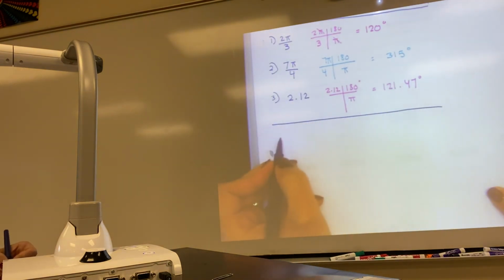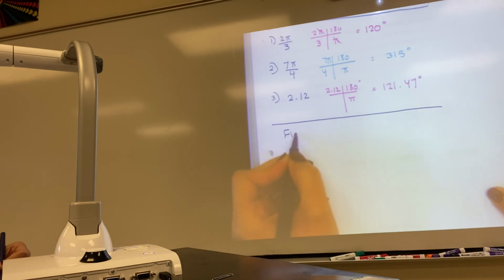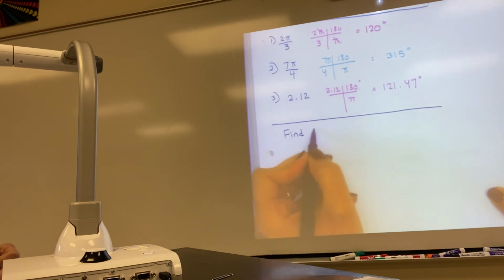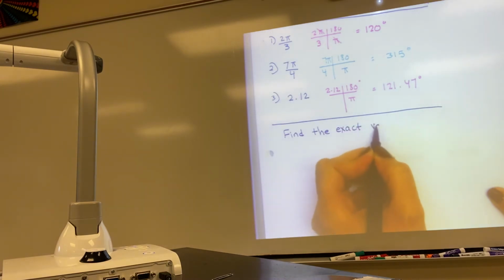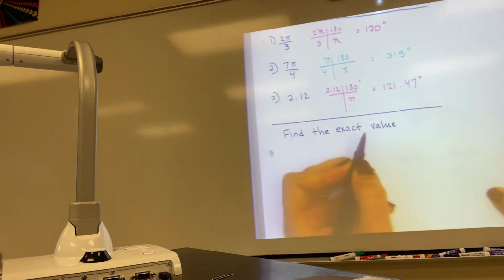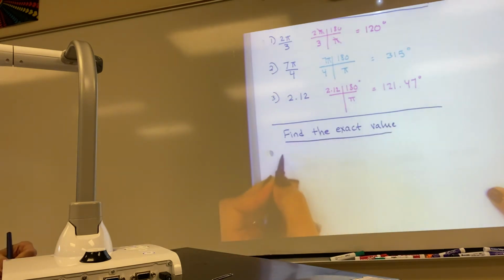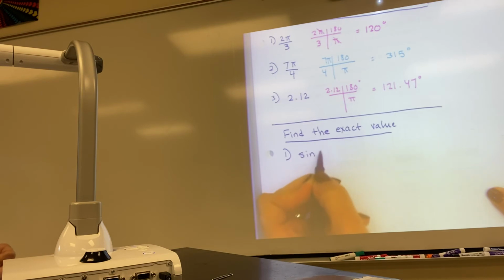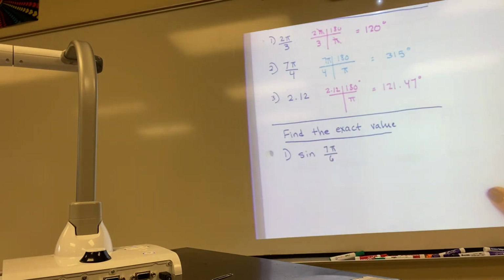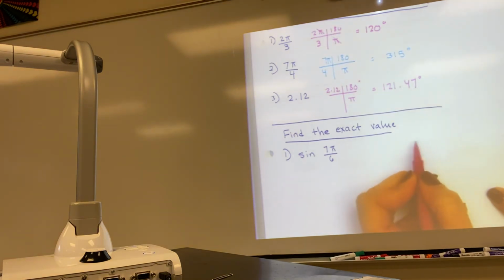Here, they're asking me to find the exact value. First one, we will work on sine of 7 pi over 6. This is in radians.